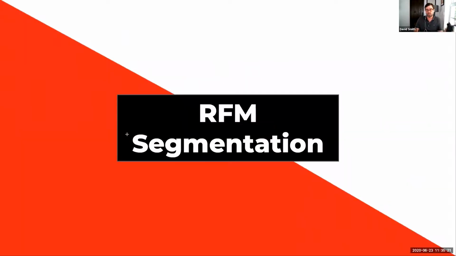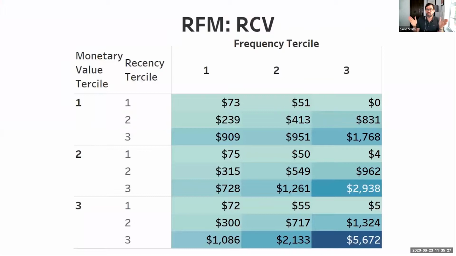So let's talk about RFM segmentation. If we go back to the original predictive model that I did before with this sample company, I found the residual customer value for every customer that we had already acquired, and I put them into bins.